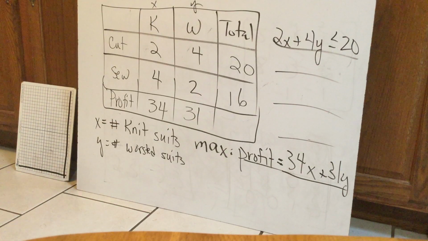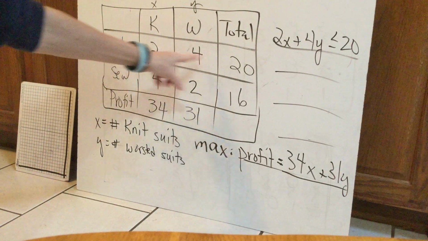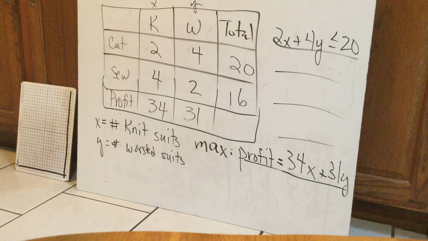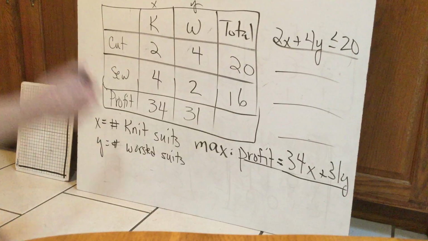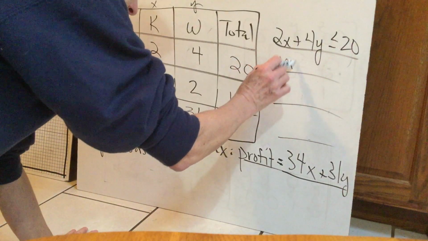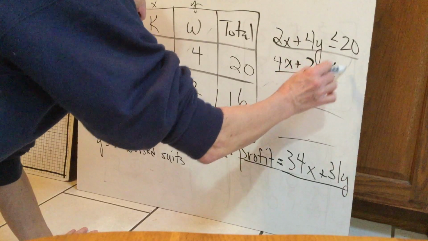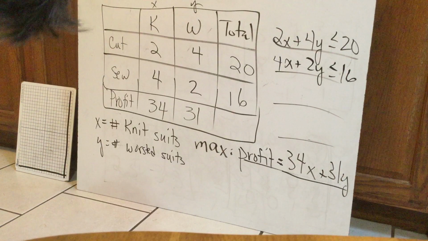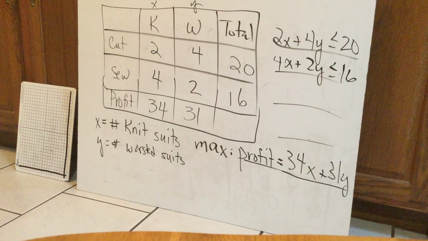I don't have more than 20 hours. So for cutting, 2X plus 4Y has to be less than or equal to 20. And similarly, 4X plus 2Y has to be less than or equal to 16. Those are my constraints. Those are the things that are limiting me.